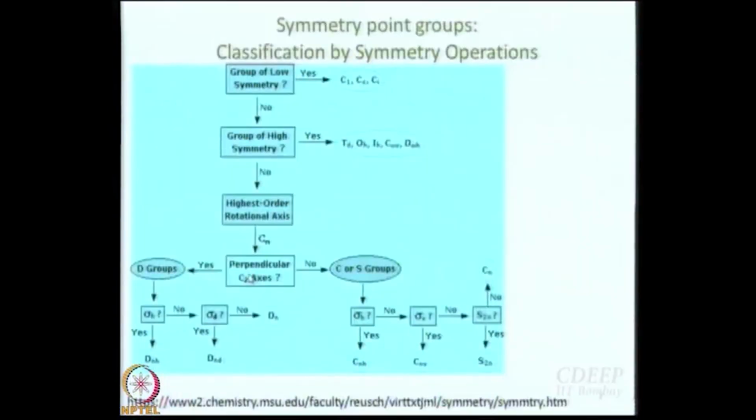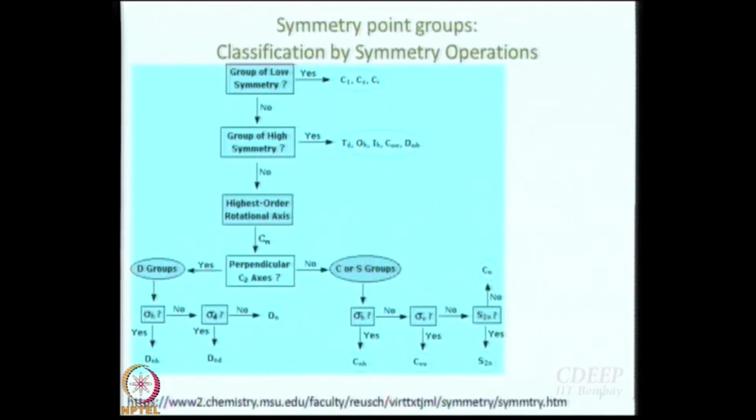If not, then what we do is we look for the highest order rotational axis. What is the principal axis of symmetry? Then if perpendicular C2 axes are there, the name will be D. If there is no perpendicular C2 axis, the name will be C or maybe S. Okay.